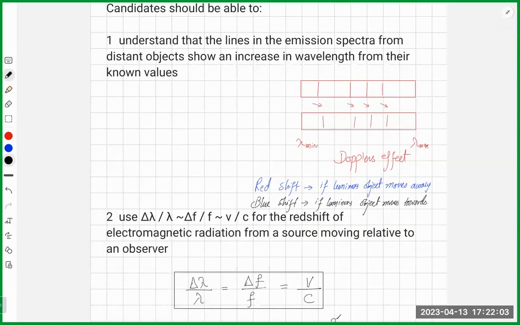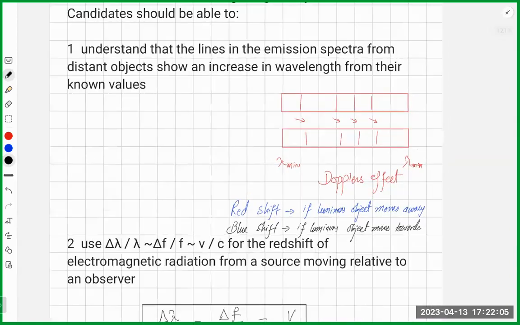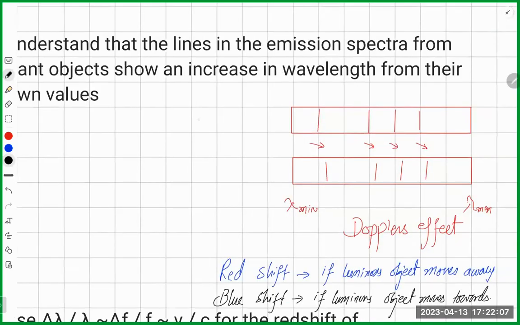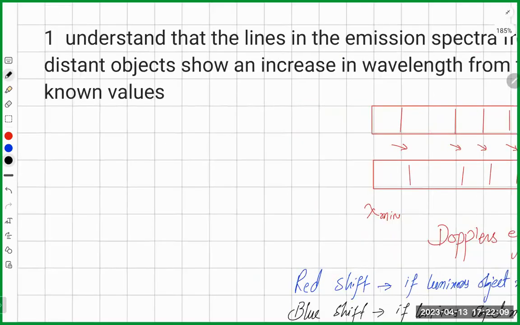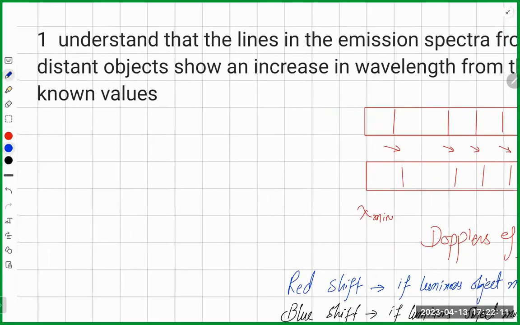Now, mostly things are moving away from you, but there are some examples where you can also observe blue shift. For example, there is a binary star. You observe that star from the Earth. So this is an observer.